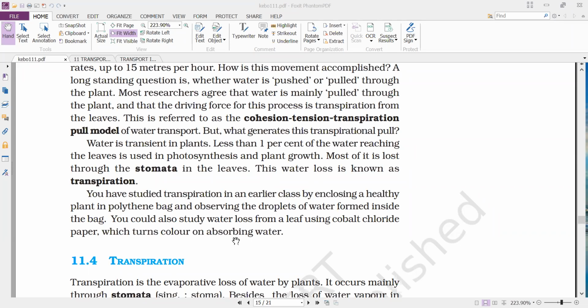This is because of the absorption of water released from the plant through transpiration. So transpiration is the phenomenon in which the plant loses water through the stomata of the leaf in the form of water vapor.